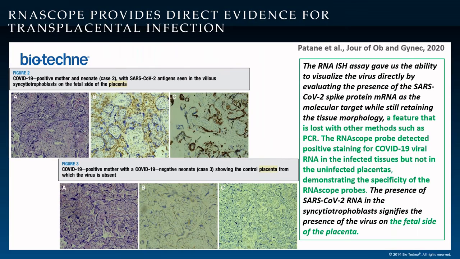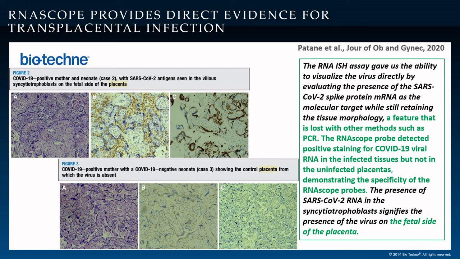And the last one that we saw was the use of RNAscope in studying placental transmission. This is a study where Luisa Patani and other researchers studied 2 cases of SARS-CoV-2 PCR-positive mothers, neonates and placenta. They used the RNAscope LS, which is a Leica Brown assay, to visualize the virus in the placental tissue and evaluate the tissue distribution while still retaining that morphological context.